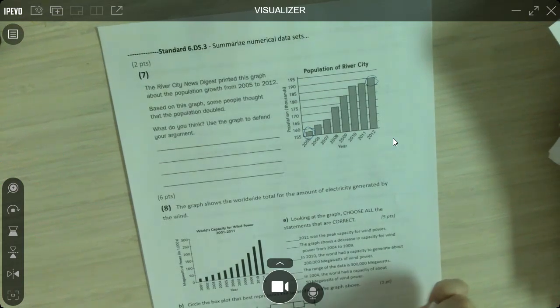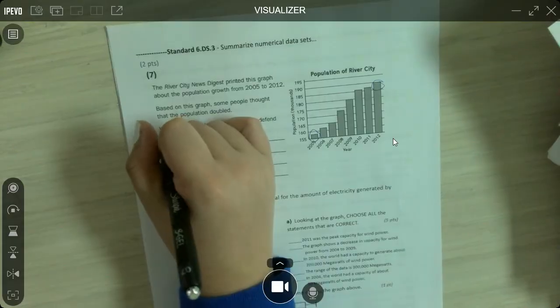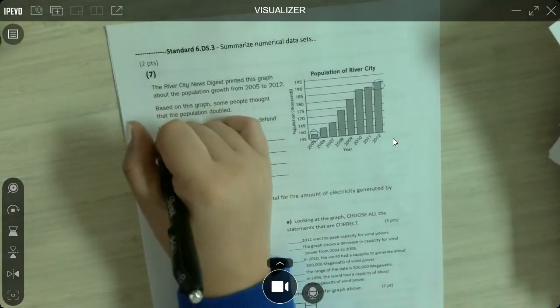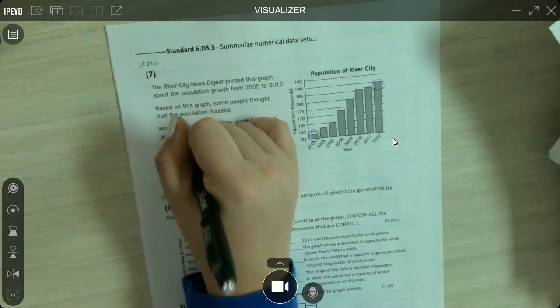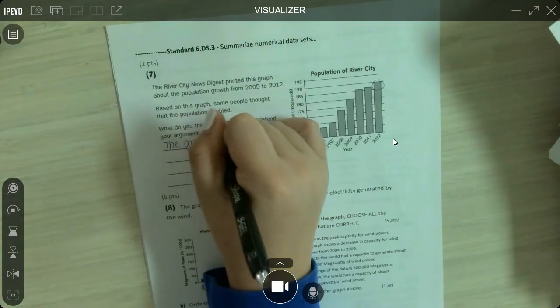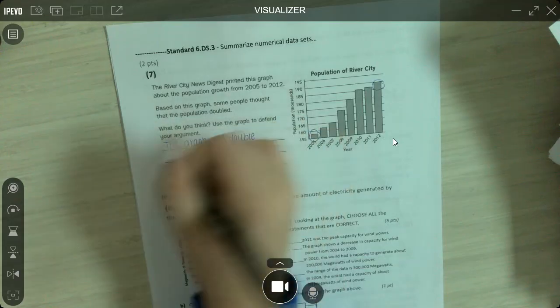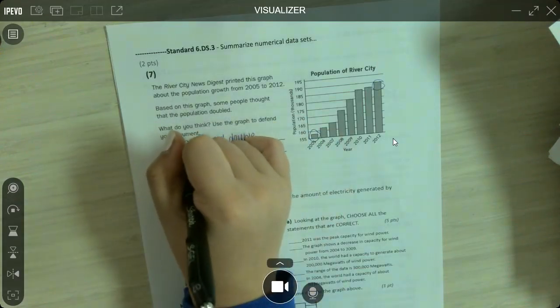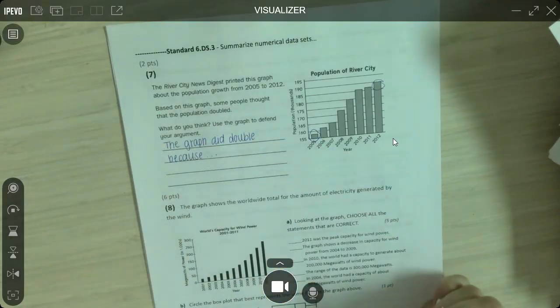If you think it did double, you could say, "The graph did double because," and then finish that.